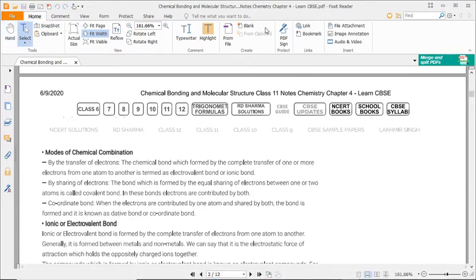Coordinate bond is a new type of bond where the electrons needed for the bond formation are donated by one particular atom. Both the electrons needed for formation of the bond are donated by one such atom, and that is called a coordinate bond.